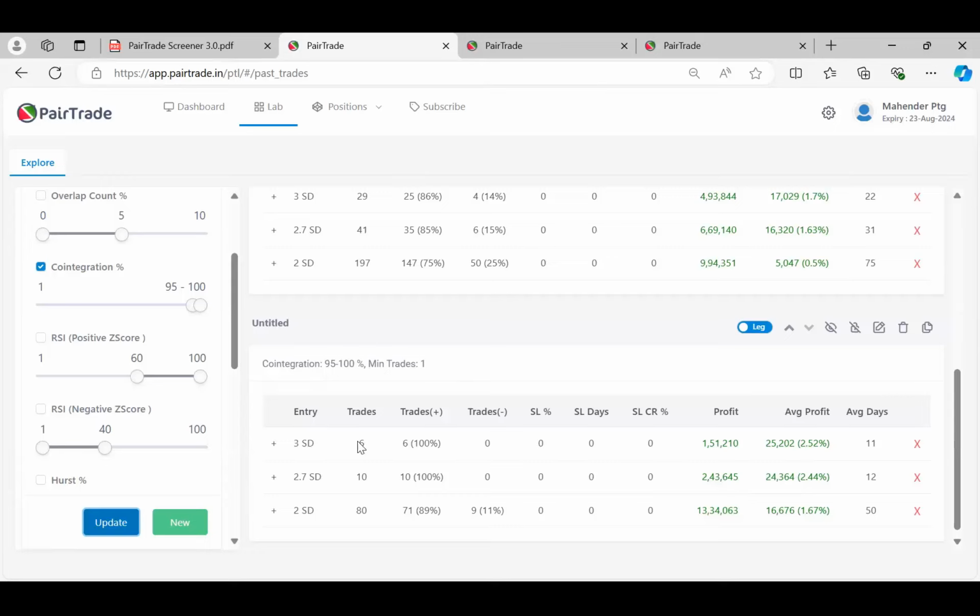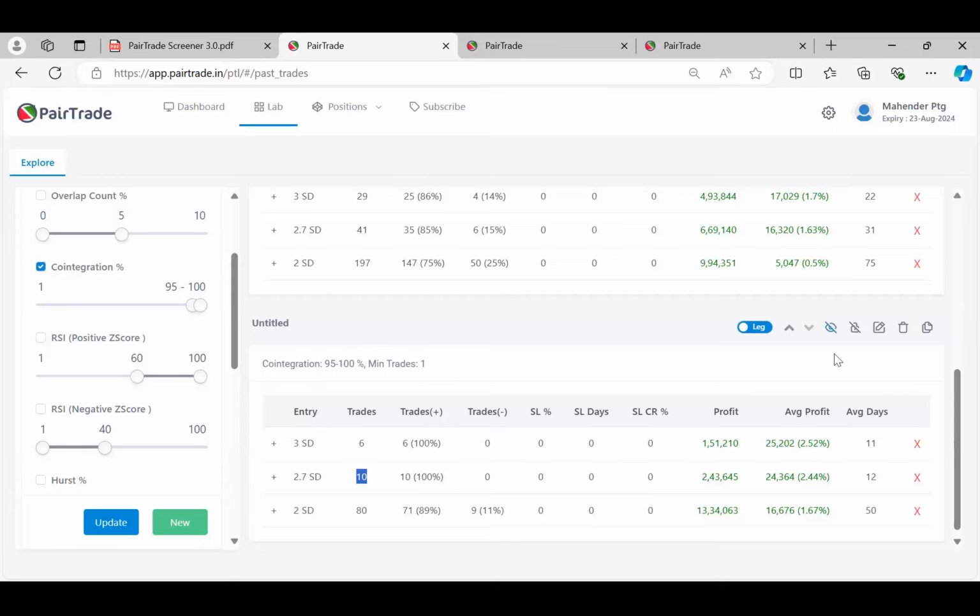But if you see here, if you are using cointegration, the number of trades have drastically come down. This is in 3 years, only 6 trades at 3 standard deviations. That is very less. Similarly, 10 trades at 2.7, very less, right? So 80, okay, fine. But still, overall the number of trades are very less, but accuracy is high. So you can use this combination.